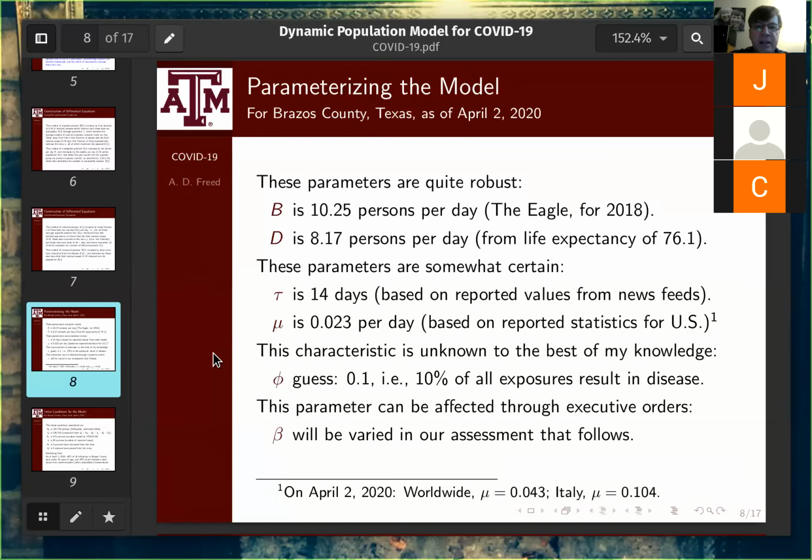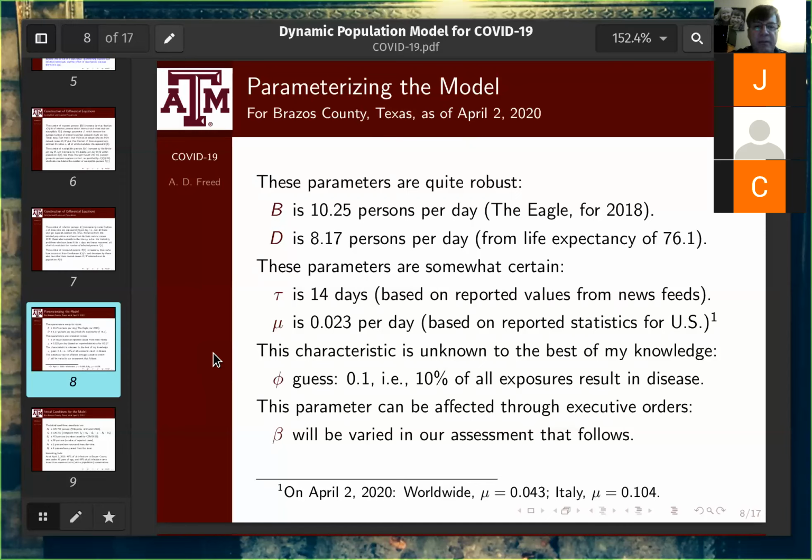And so based on yesterday's statistics, looking at the United States as a whole, morbidity is 2.3% per day. On any given day, of those that are infected, an average of 2.3% pass away countrywide.